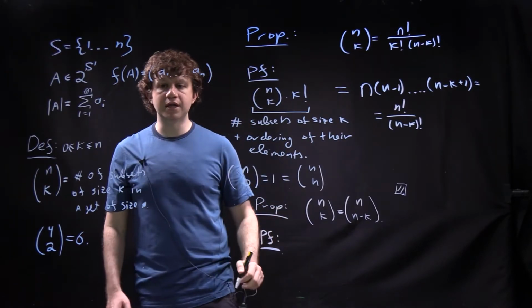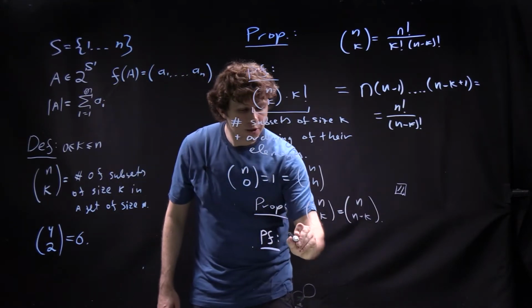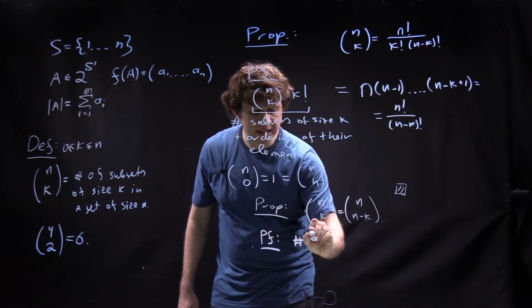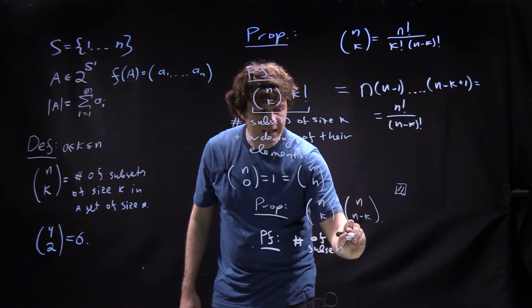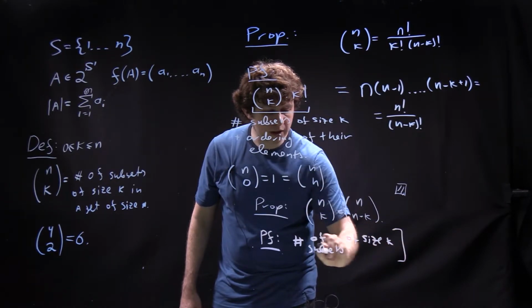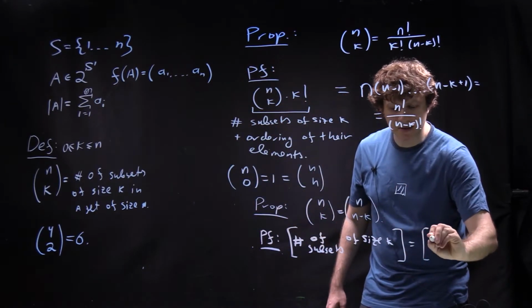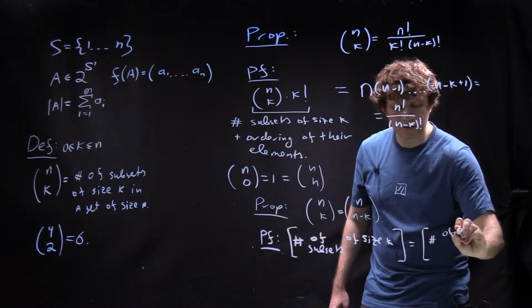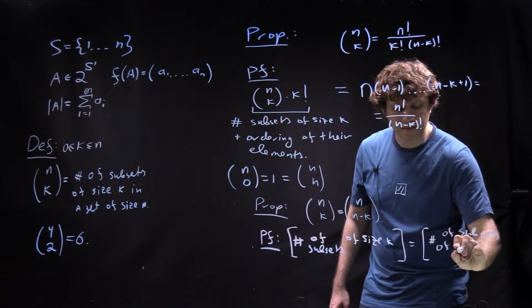And the proof is a bijection. These are cardinalities of two sets. We have the number of subsets of size k, and we want to show that this is the same as the number of subsets of size n minus k.